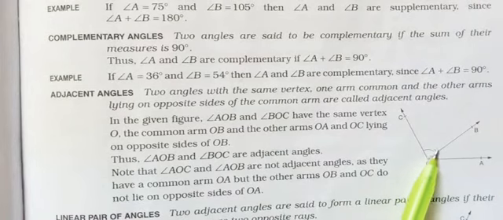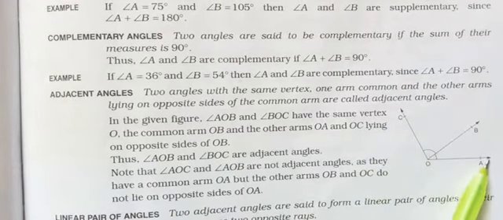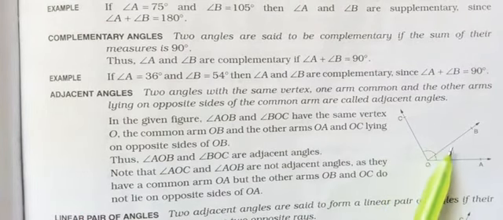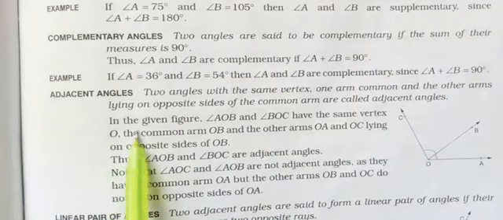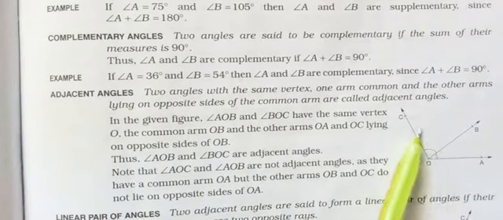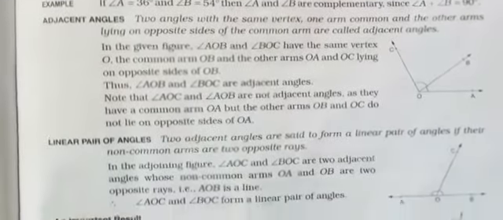Same vertex, one common arm. This is the one common arm, and these are the other two arms, and this is one angle, and this is one angle. So these two angles are called adjacent angles. All the description is given here, and you can look at the picture also, so you can get a clear idea about adjacent angles.